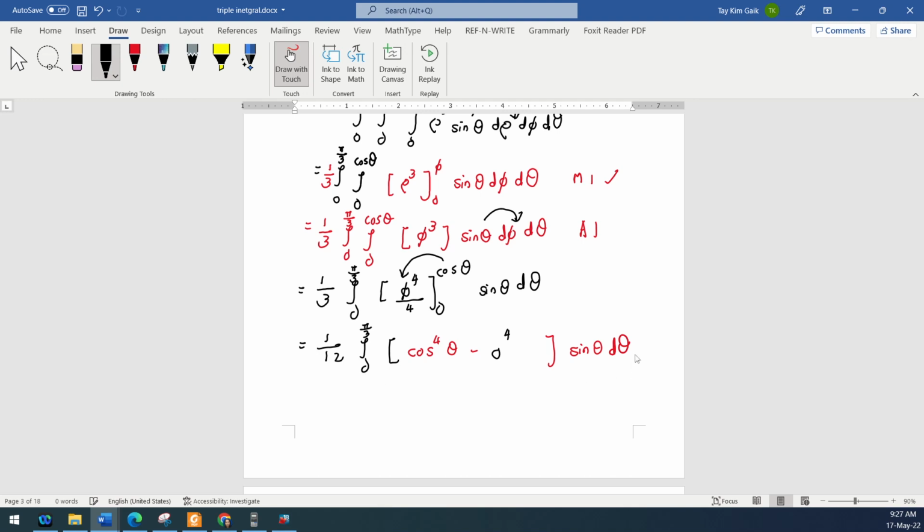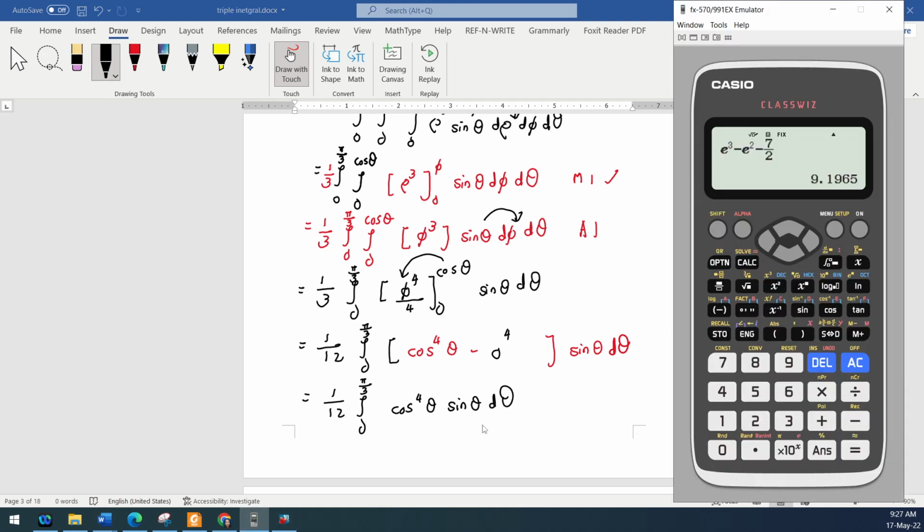So lastly, integrate respect to theta. So you mean you left, okay, 1 over 12, 0 to pi over 3, cos power 4 theta, sin theta d theta. Okay. So the outer integral, just directly using your calculator. So of course theta you have to change to x.